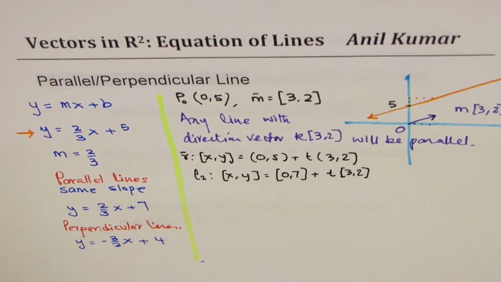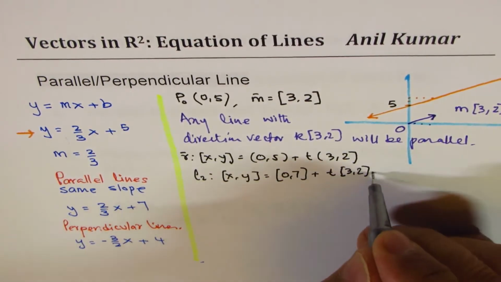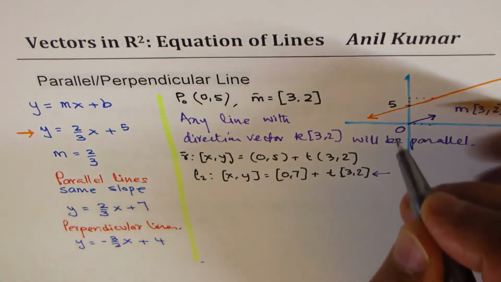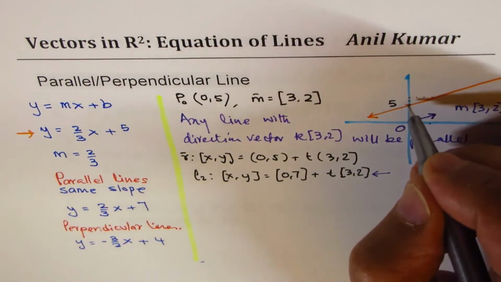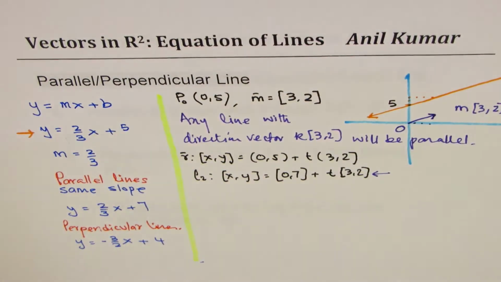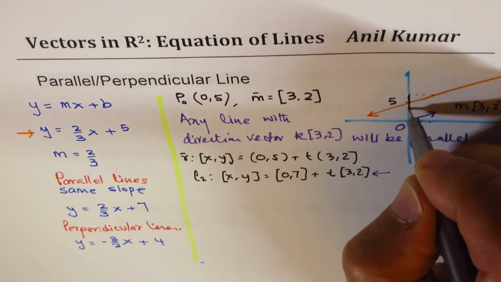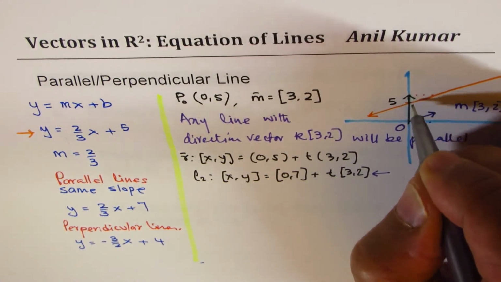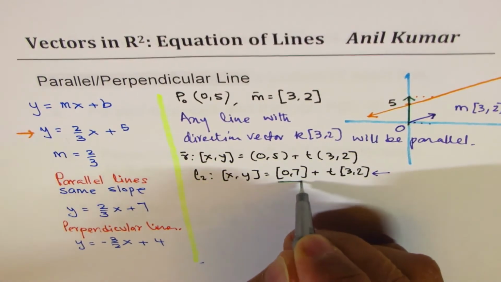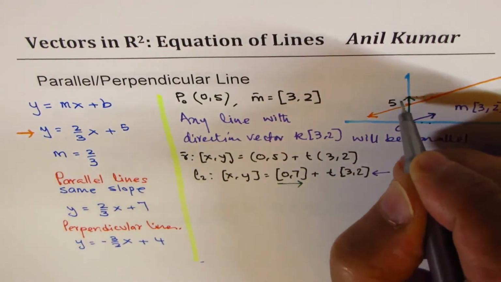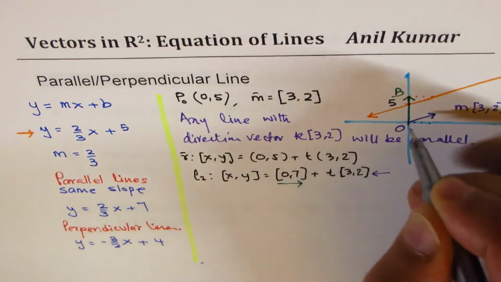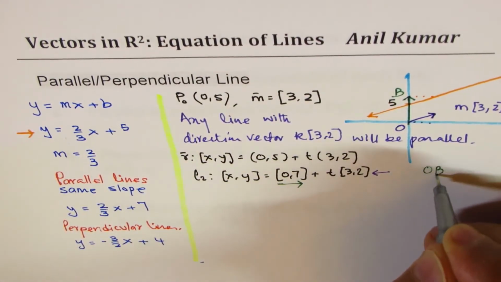Now you will notice that sometimes I'm writing these kinds of brackets. Whenever I write the square brackets, we're talking about a position vector, right? So if I have to show this, I'll show it as another line like this. (0, 7) is actually a coordinate point, but when I show it with this vector, this becomes the vector. Let me call this point B. So this becomes OB for me.